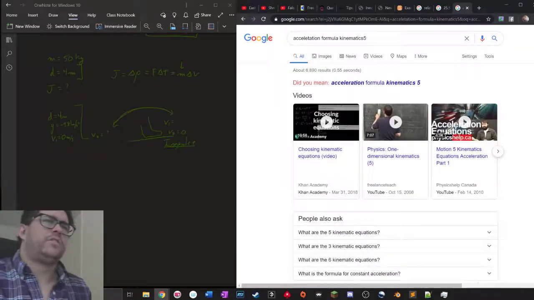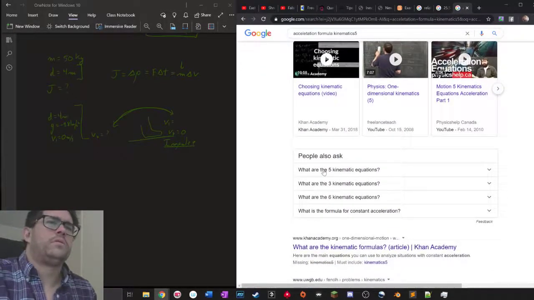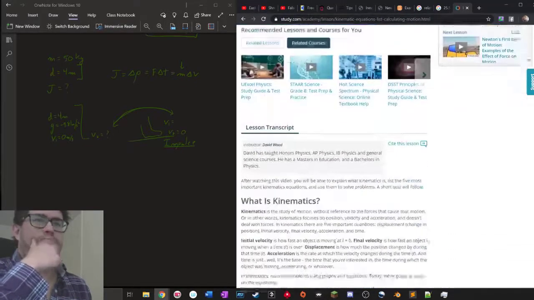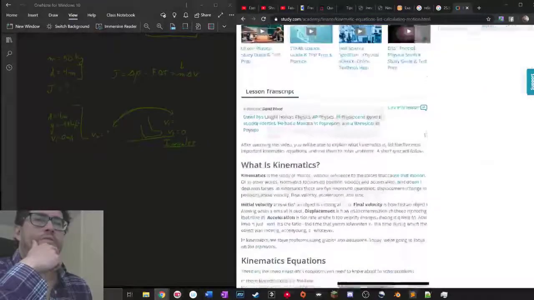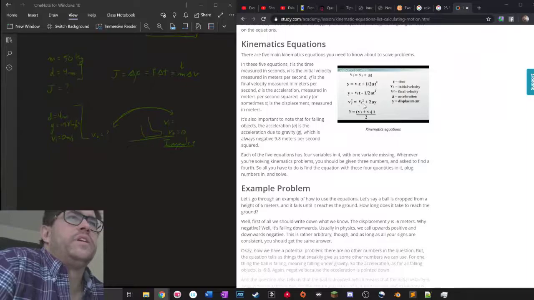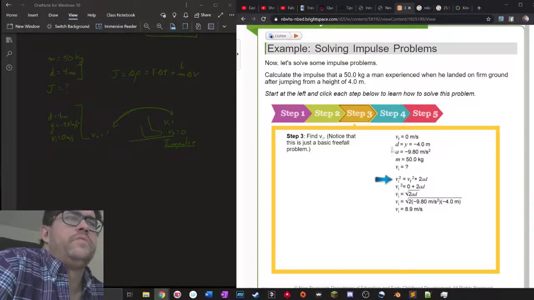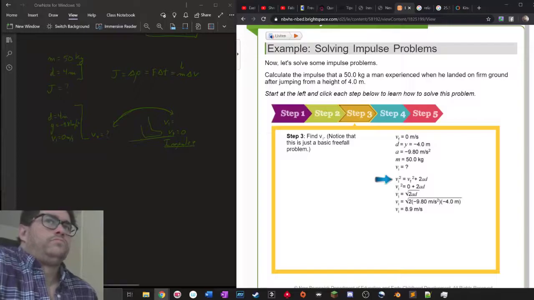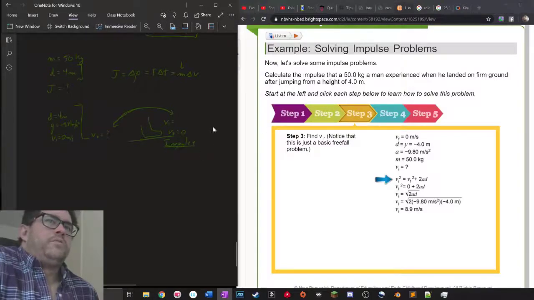I could just check, they're right there. Yeah, Vf square is Vi square plus 2 times the distance. Vf squared equals Vi squared, and here they said Vi squared. Make my life better.